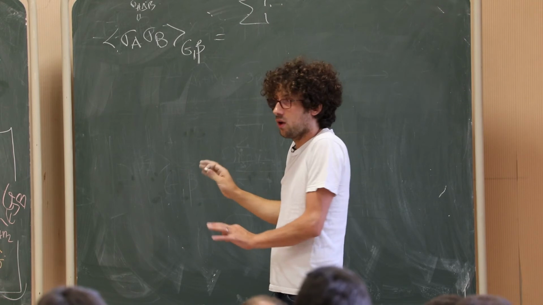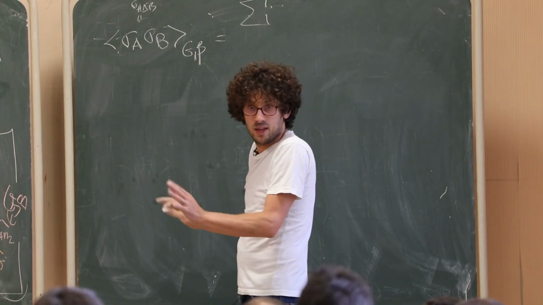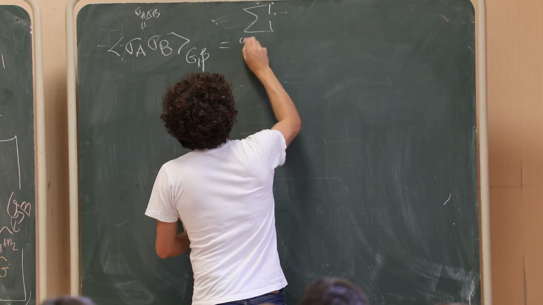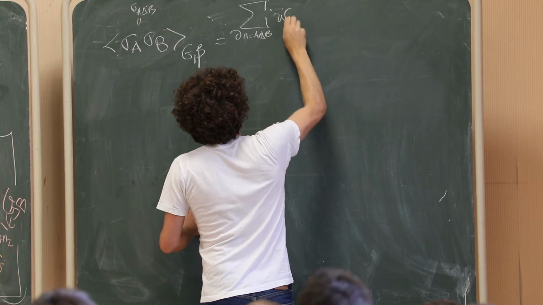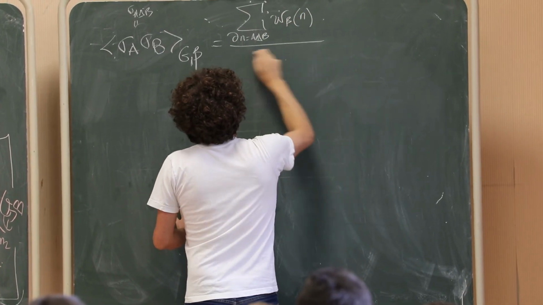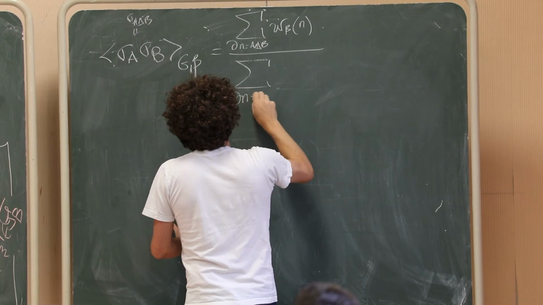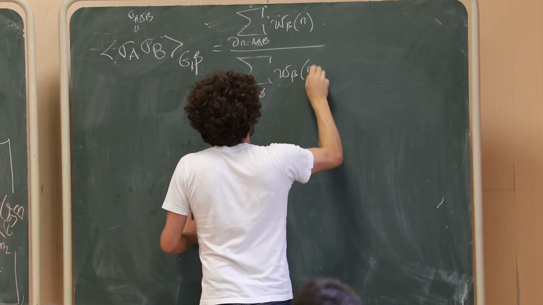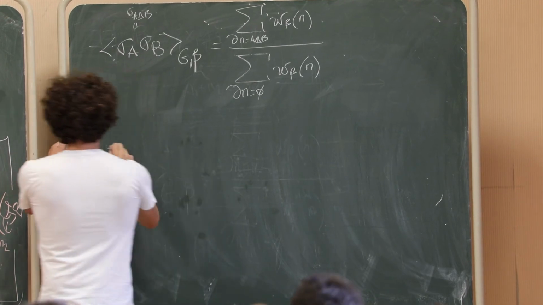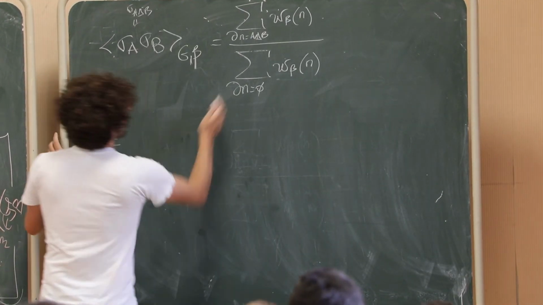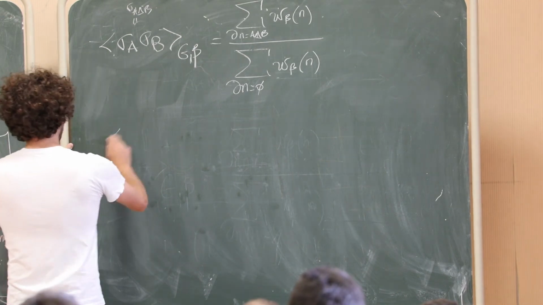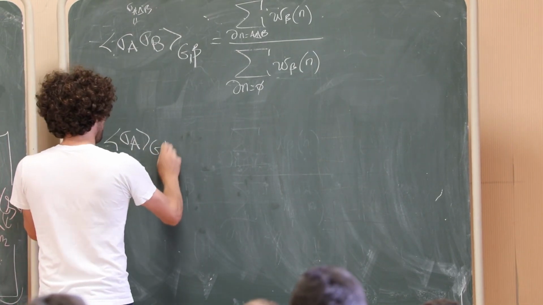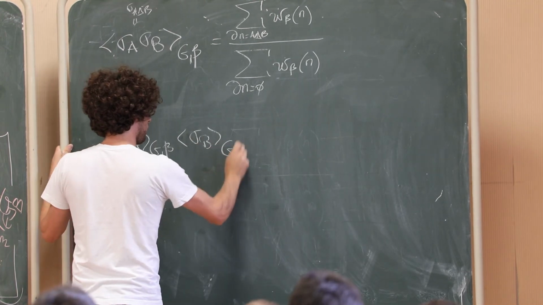If a vertex appears in A and B, then it's squared, so it doesn't change a thing. So here, I can put A symmetric difference B divided by sourceless. But now here, I can just add a dummy variable. I can add a second sourceless current. Now sigma A G beta times sigma B G beta.